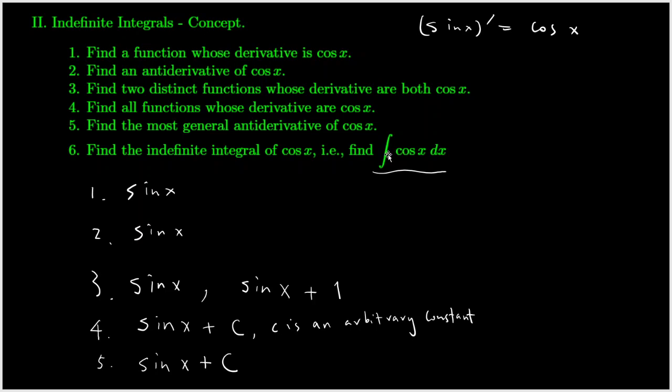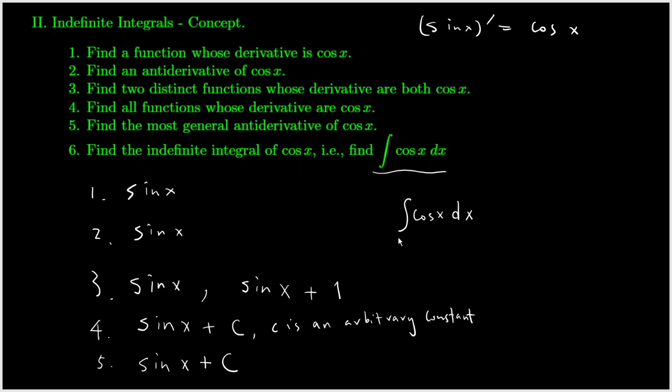Now listen to me carefully. We have a new notation. This notation is called the indefinite integral of cos of x. The meaning of this notation is just the most general form of the antiderivatives of cos of x.